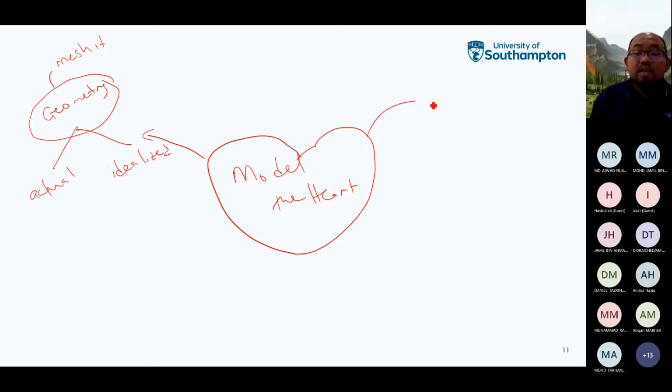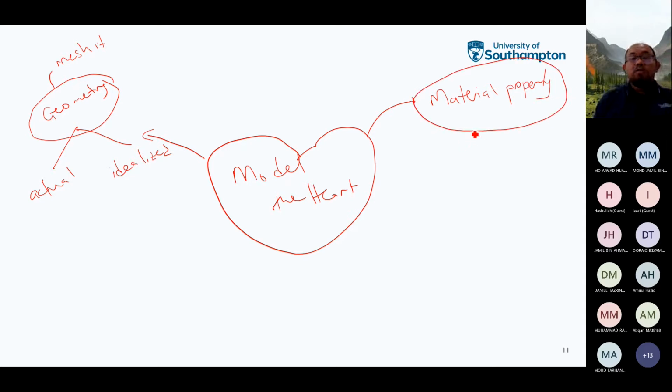And then you start to think about the material property. Just now I told you it is an isotropic material. Then you start thinking of what type of material I should be using. Is it hyperelastic? Is it a linearly elastic material or not?